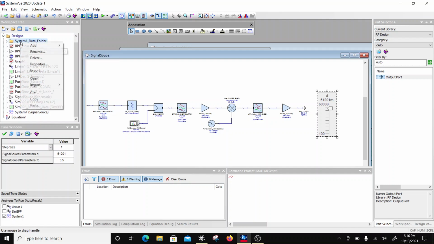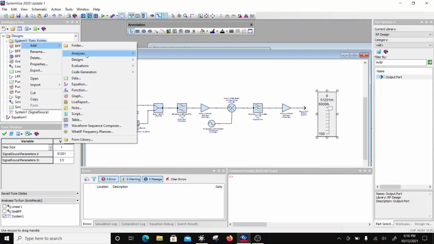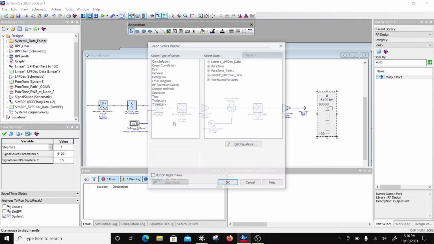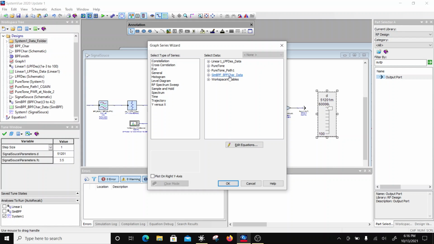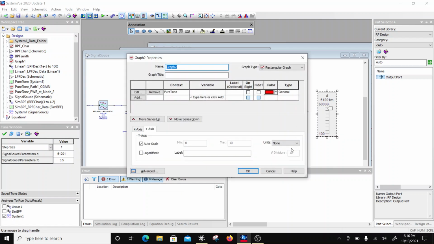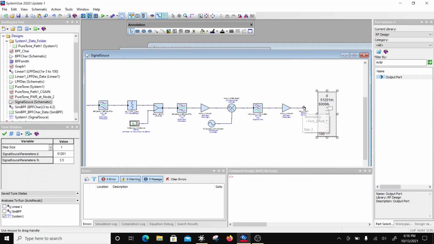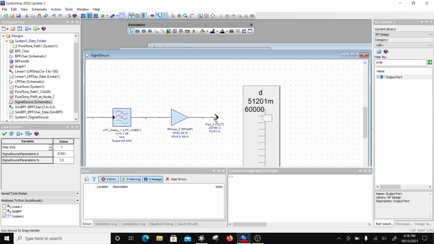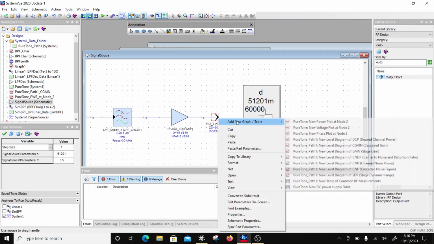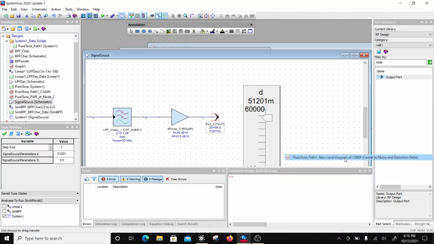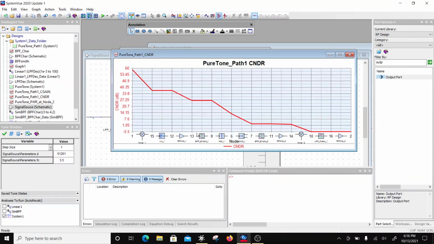So the better chart to see in this case would be, if I go here and add graph and say carrier to noise ratio. Okay, so now when I hit here, this is minus 5.